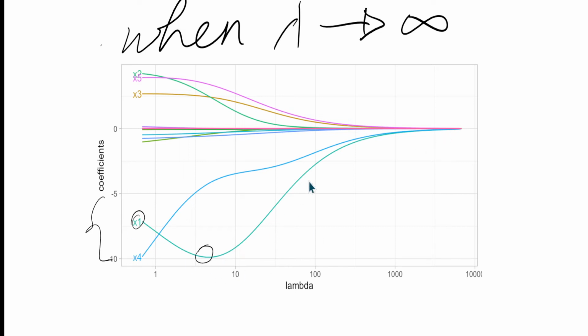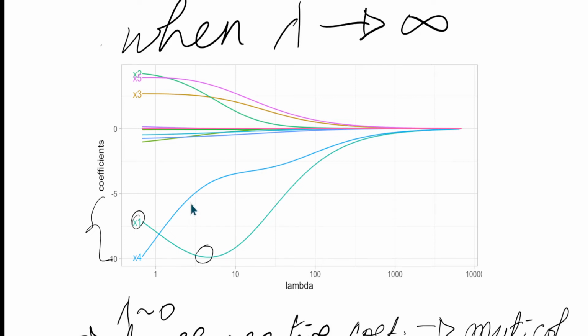Whenever you have this kind of fluctuation, that means there is a multicollinearity problem. What ridge regression does in this condition, when x1 and x4 look like they are correlated multicollinear variables, because they also cross, is try to push the coefficients.